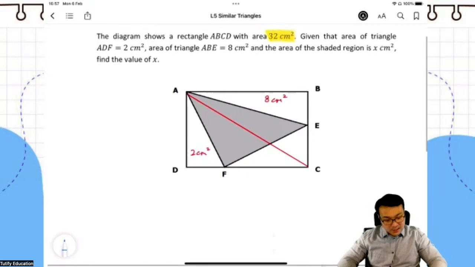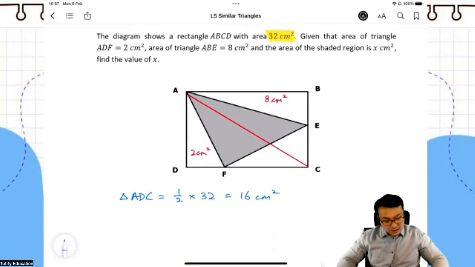Now, if I cut this into two, then I can say that the area of triangle ADC is actually half of the rectangle. And if I know that this is half of the rectangle, what about triangle AFC? It is simply 16 minus 2.